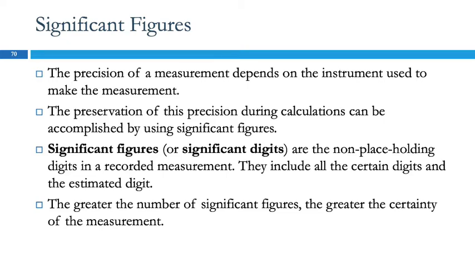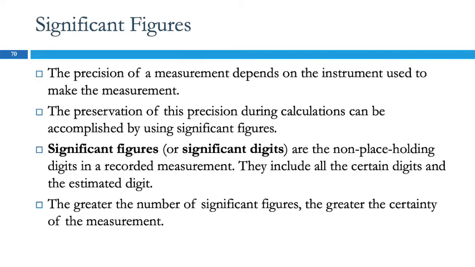So what we mean by significant figures, sometimes called significant digits, these are going to be all of the certain digits in the measurement and the estimated digit. Okay? And if there's any place-holding digits, those are not considered significant figures.